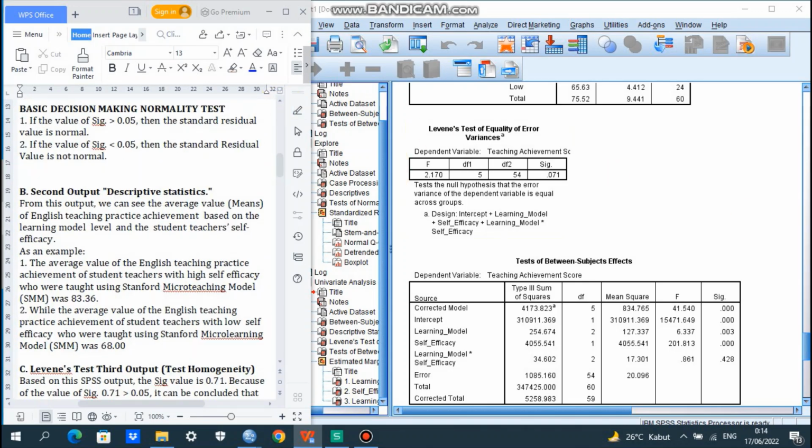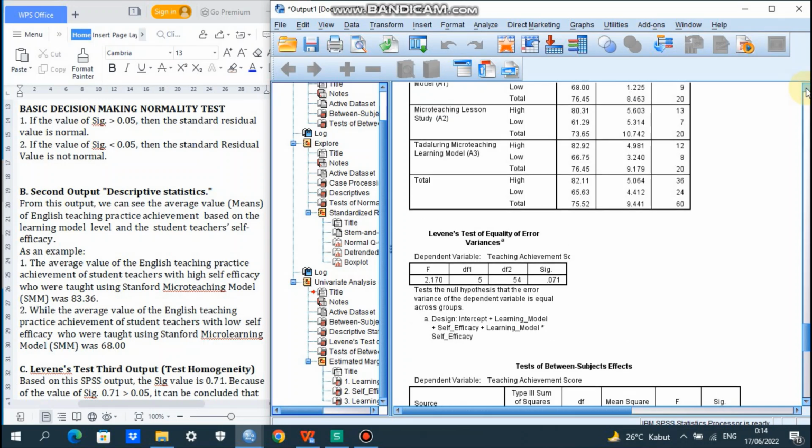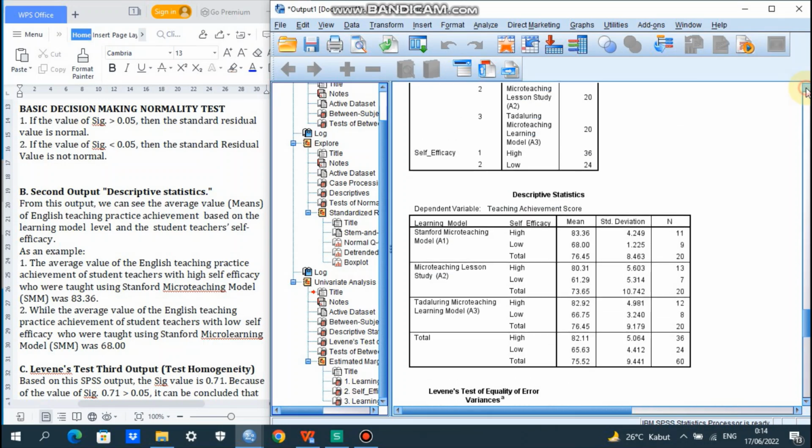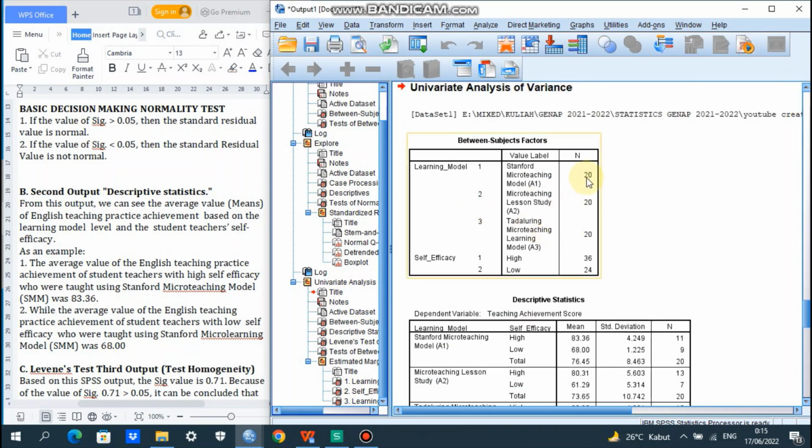And then here we have descriptives, between subjects factors. Between subjects factors here give us the data from the two factors in the two-way ANOVA. The first factor, learning model, has 3 levels.